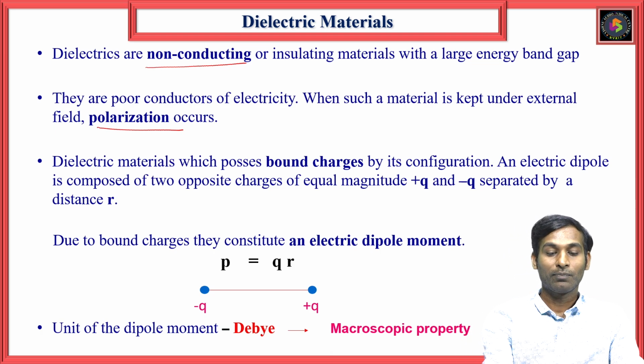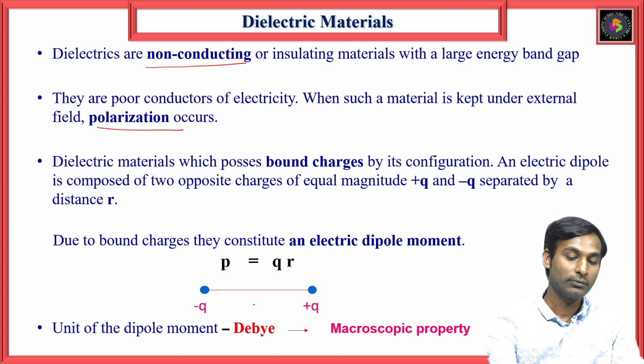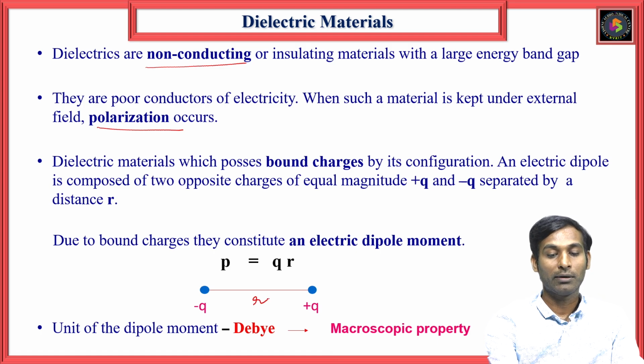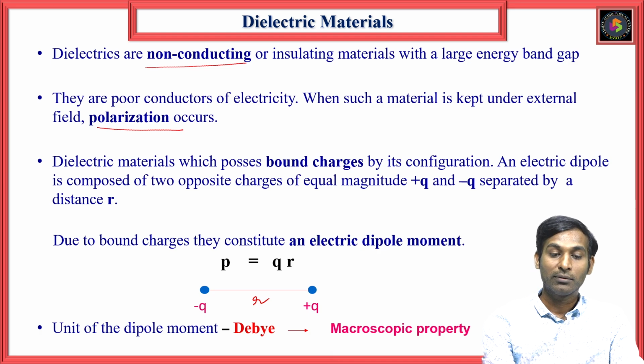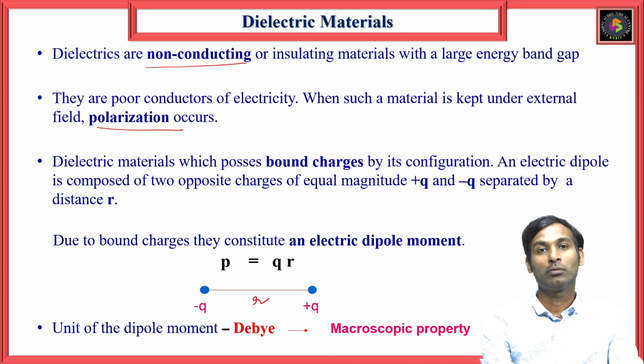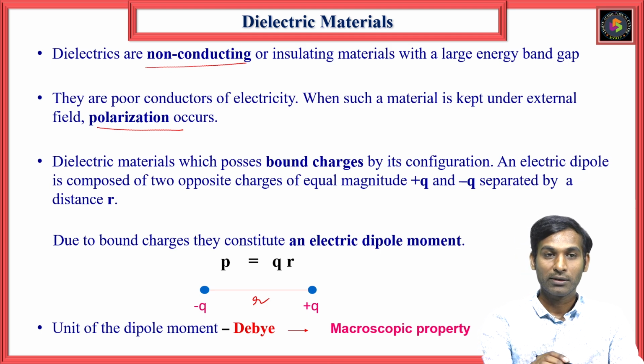I am taking one positive charge and one negative charge separated by some distance r. So I write the dipole moment p equals q times r. Polarization is equal to dipole moment per unit volume. First of all, polarization is important.